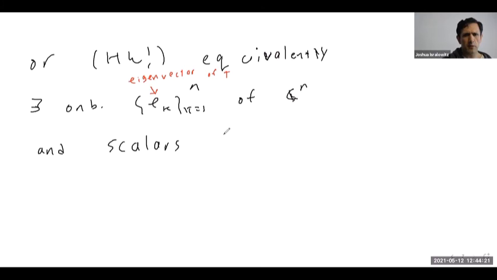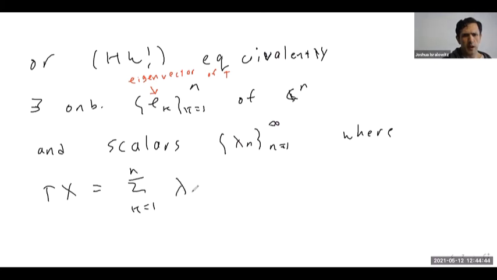And scalars lambda n, where Tx can be written as a diagonal operator with respect to this orthonormal basis, meaning it's basically your orthonormal basis expansion, except multiplied by these scalars.